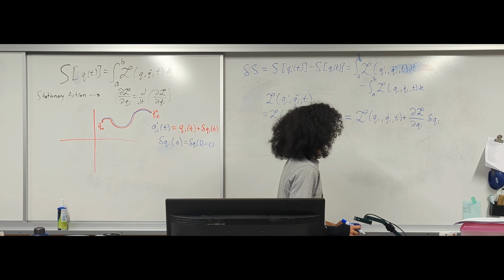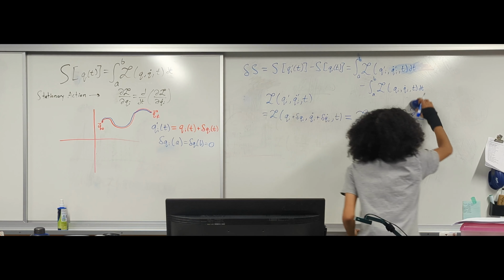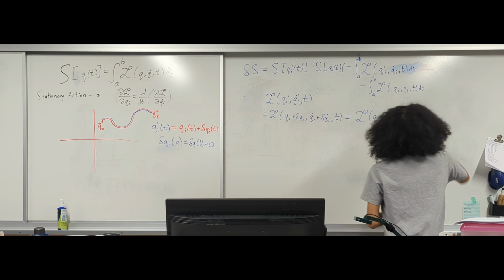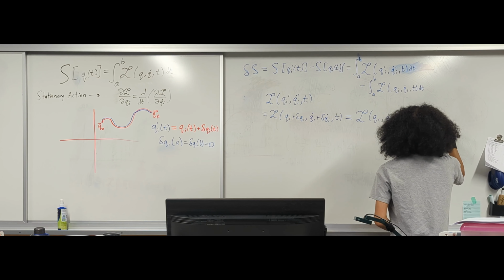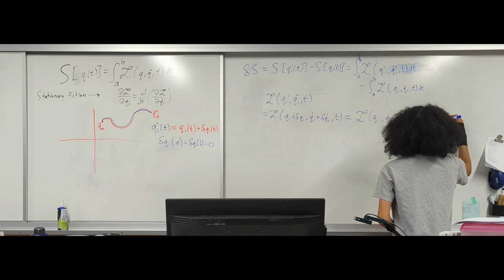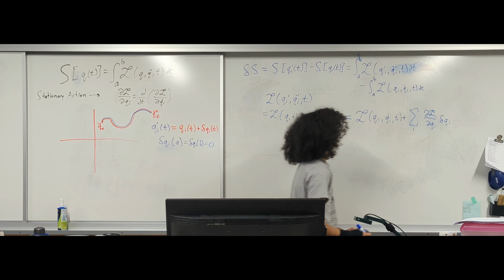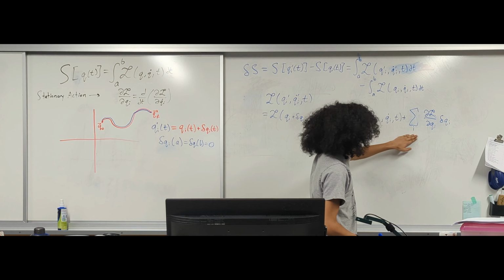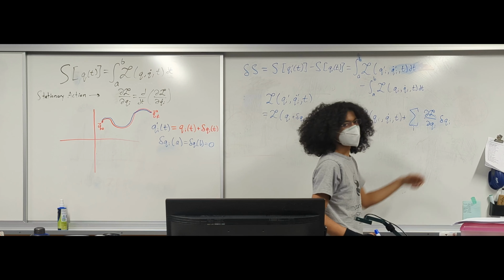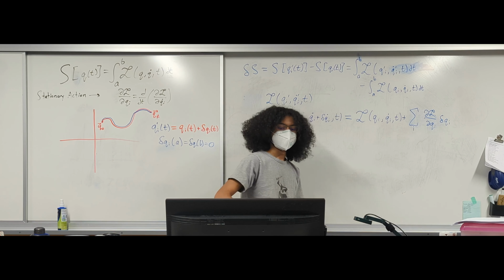I'll just put that in. There's a convention where you don't put the summation symbol in, it's just understood, but for now I'll just leave it in. Okay, so this whole thing is the change in the Lagrangian due to changing the position.